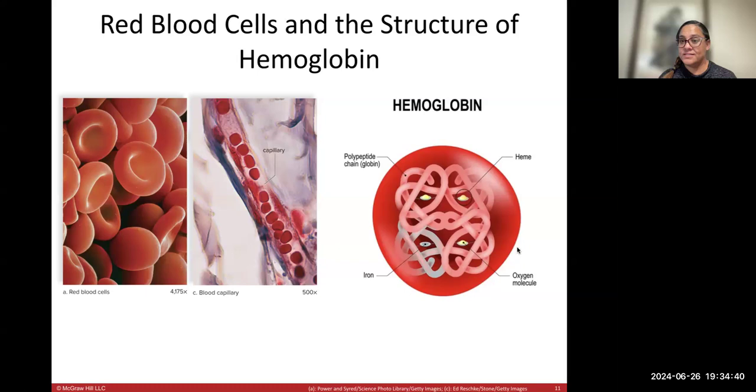And that's a little translucent view of a red blood cell, showing what the hemoglobin looks like, with the 4 little iron molecules in there, and each iron molecule will bind an oxygen, and that iron with the oxygen is called a heme group.